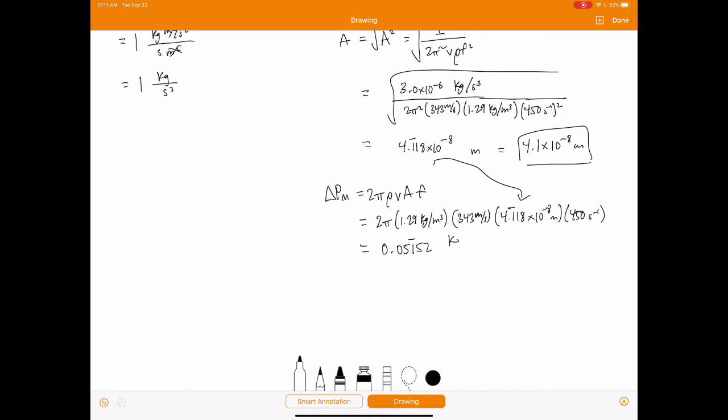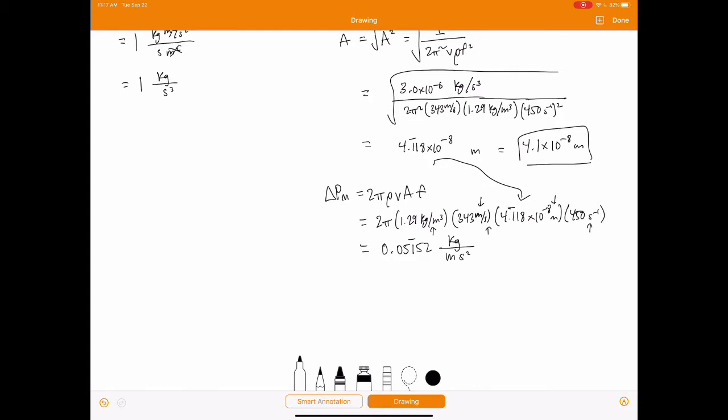Unit-wise, we have kilograms on top. On the bottom, we're going to have a single factor of meters because we have meters here on top, and then meters cubed on the bottom. So overall, just a factor of meters on the bottom. And then we have 2 factors of seconds, so we have seconds squared also on the bottom.